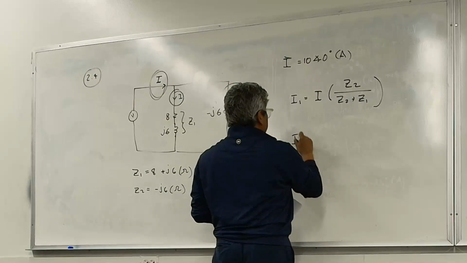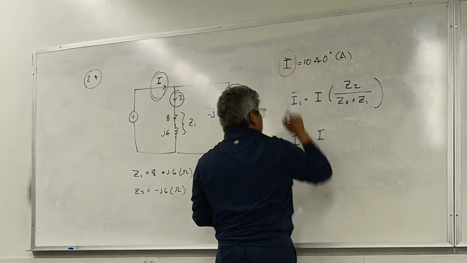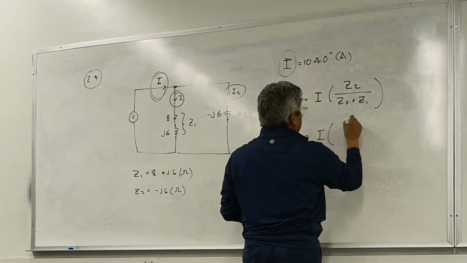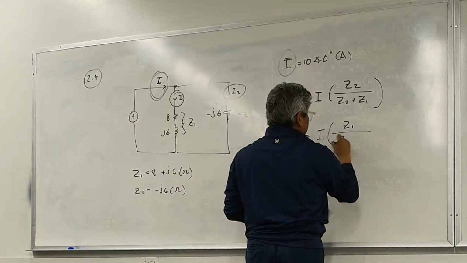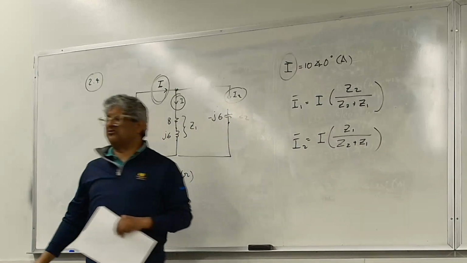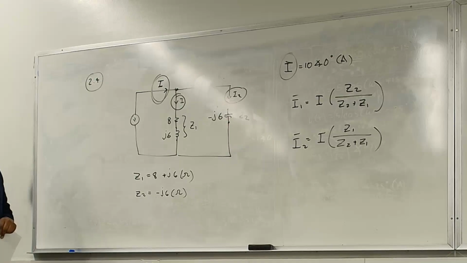And then the other equation is I2 is equal to I, meaning this I, the current coming into the node, times Z1 divided by Z2 plus Z1. You guys probably did this in your circuit analysis. It's a very simple current divider. So those are the equations.